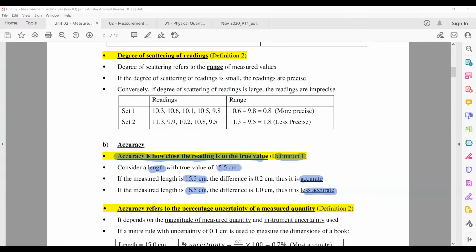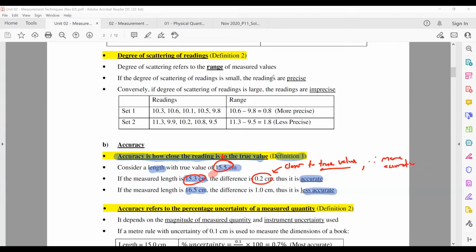It's actually less accurate because this one, the difference between your reading and the true value is only 0.2. So this one is closer to the true value, therefore more accurate.